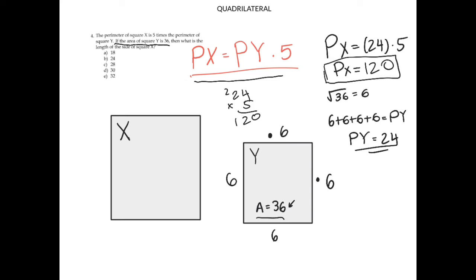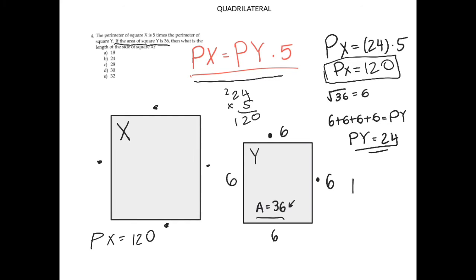Now we have the perimeter of our x square. Px is equal to 120. Now we have to find the side length of the square. To find the side length, all you have to do is divide 120, which is our Px, by 4, because these four sides added together will equal 120.